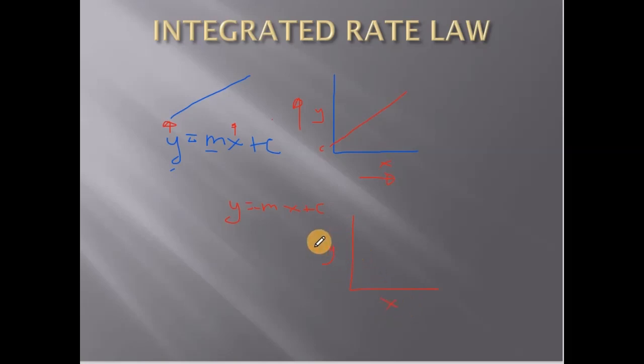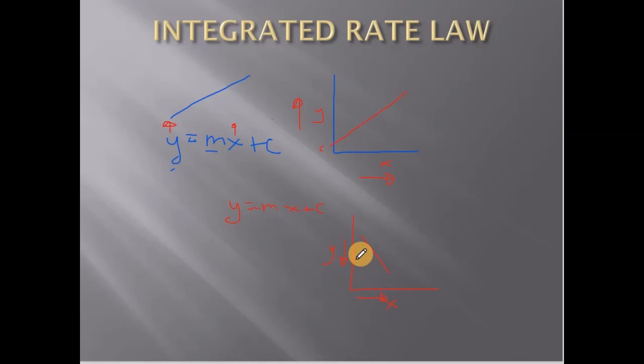If the gradient of the line is negative, it means that the line goes in this direction. From here, this is the y value. As you increase the x value, the y value decreases. That's the meaning of having a negative gradient.